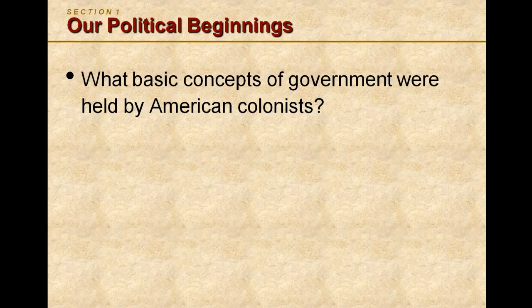And from that moment on, as the English were settling the Americas, all the way up through the American Revolution in 1776. So what were the colonists believing that a government needed to have, and how important was that to what they were doing in their daily lives?